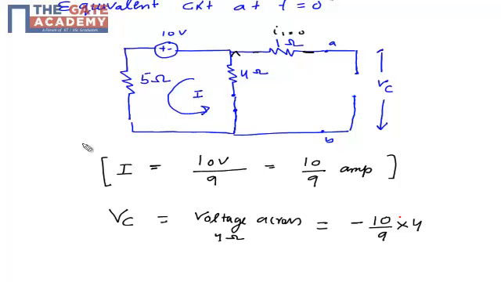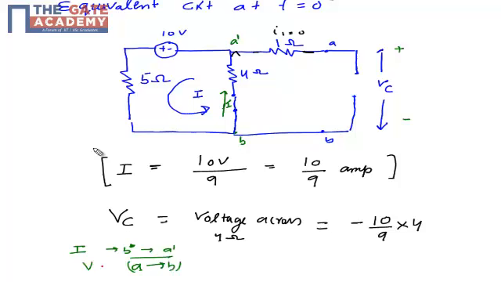It is minus because my current is flowing from B to A, from ground upward. If I label these terminals B and A dash, my I is flowing from B to A dash. On the other hand, I am observing my VC from A to B.